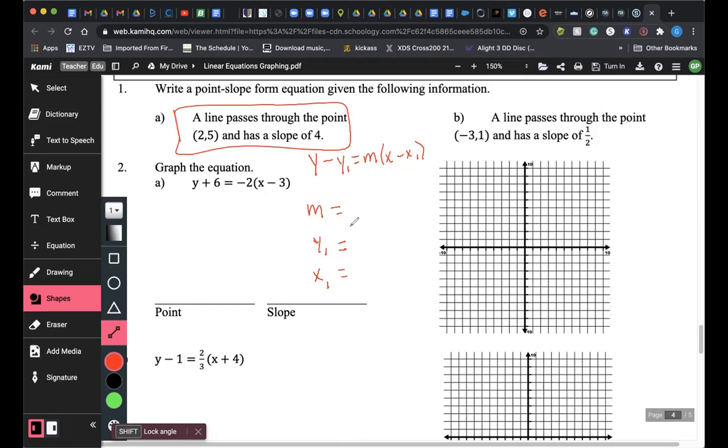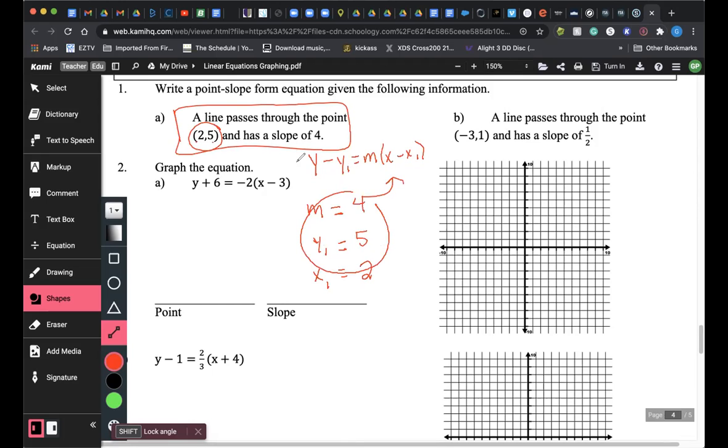What's my m according to the information that's here? 4. Great. What is my y1? 5. Okay, my y1 is 5. Perfect. That means my x1 is 2. Remember that in these addresses, the x comes first, the y comes after. So now that I have all this information, I can put it into this formula.